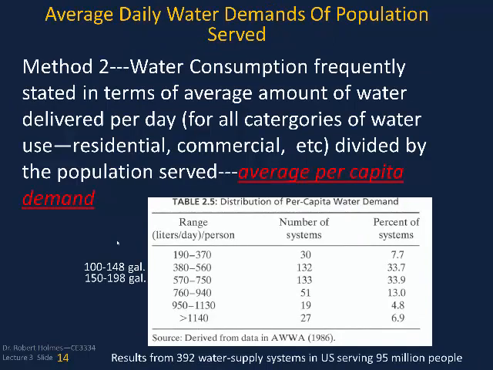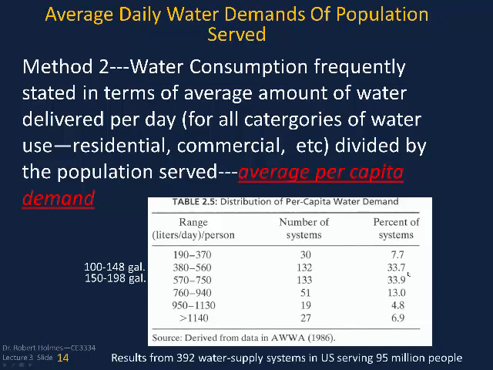Method 2 is just looking at some American Waterworks Association studies where they looked at 392 water supply systems in the United States, and they see that they vary in terms of their range of what they're serving. You can see on the low end it's 190 to 370 liters per person per day, and on the upper end it's greater than 1140 liters per person per day.